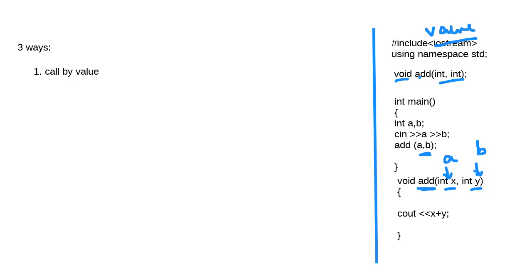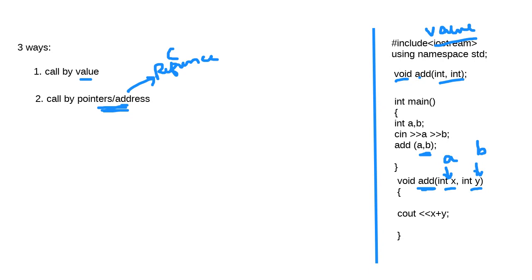The second one is call by pointers or address. Here in the first one we pass the values, but in the second one, call by pointer or call by address, हम क्या पास करते हैं? We are passing the address of that particular variable. तो जो हमने पढ़ा था C में call by reference, the one we studied as call by reference in C, that's called by pointers in C++.